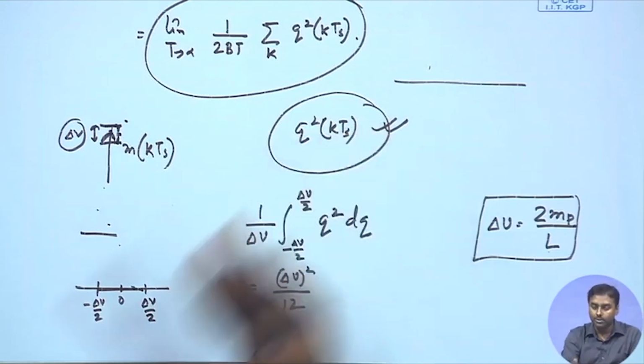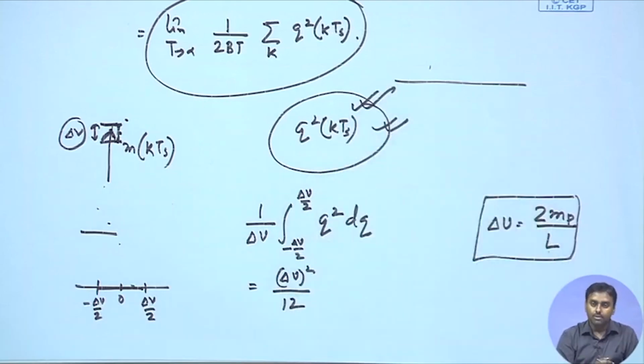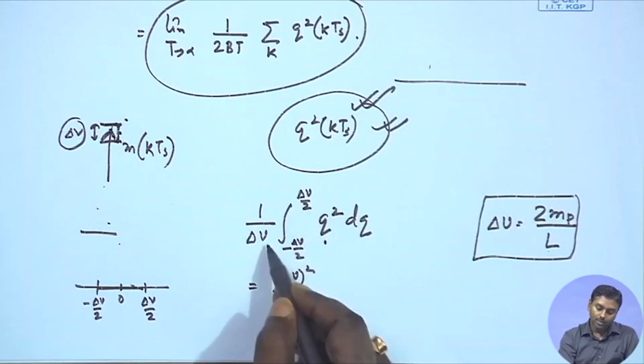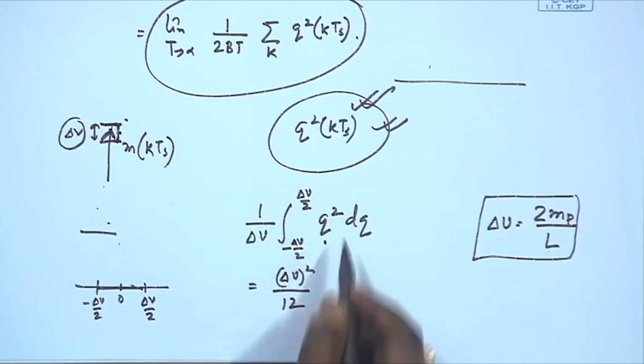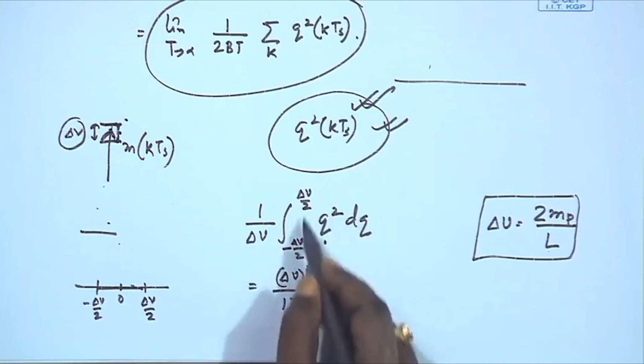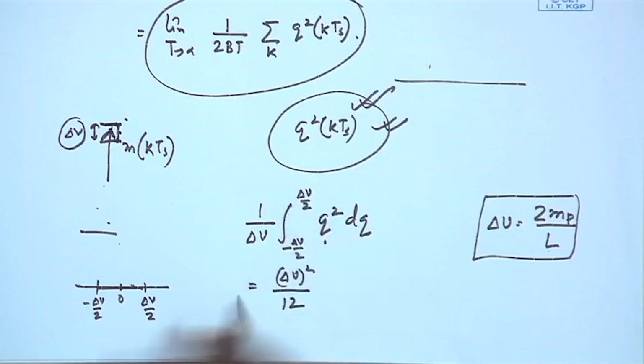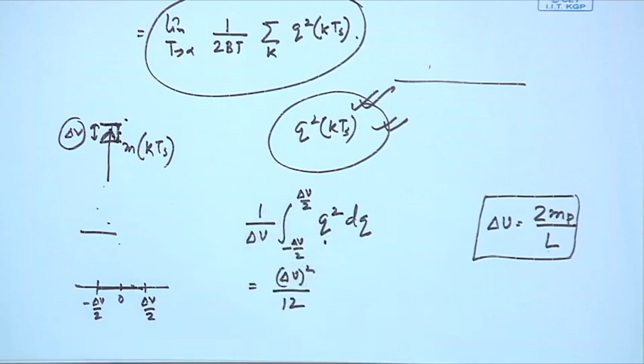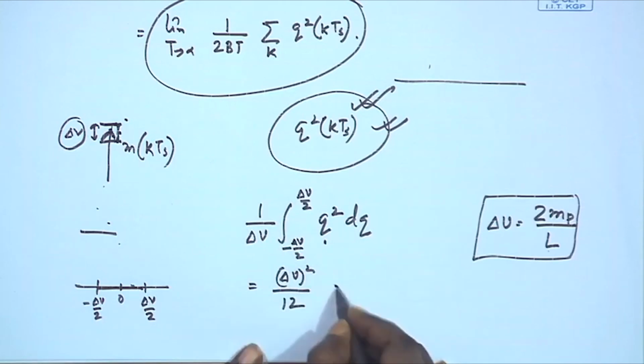Okay. Because I wanted to evaluate the mean of the square of it. So, that is what we are doing, mean of the square of it. So, mean of the square of it is q square integrated over its range, which is the PDF range, from minus del v by 2 to plus del v by 2, and 1 by del v is its constant PDF. So, I get this. Now, what is del v?